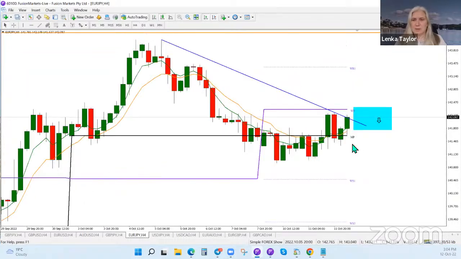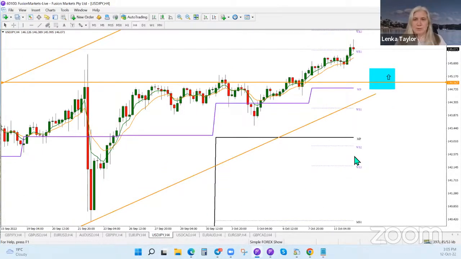So we'll just see what that looks like. If it does return and come back underneath that trend line, give us maybe a false break there, then looking for short opportunities. If it keeps going upwards, then I would be looking for a retest. But at the moment, just looking for price to stay under the trend line and looking for short.